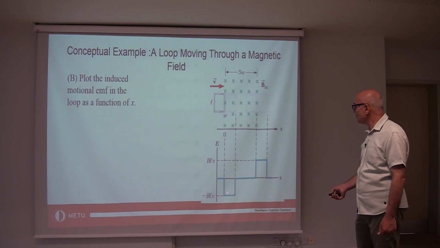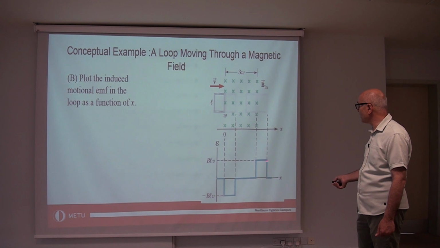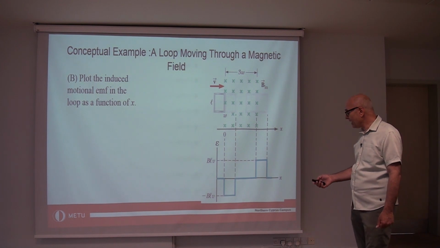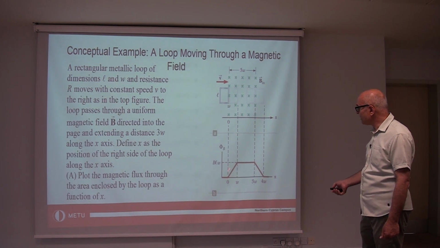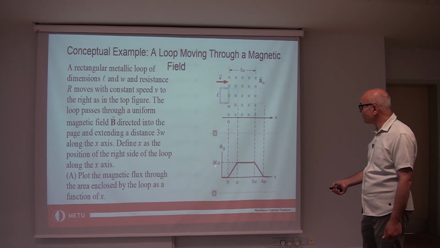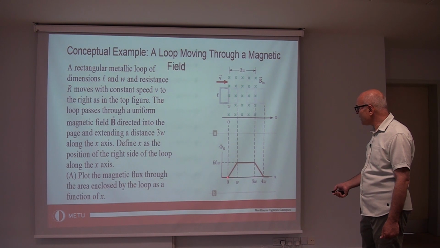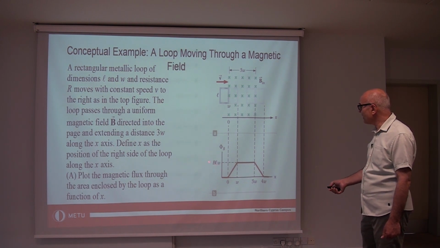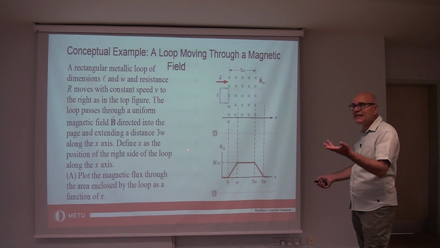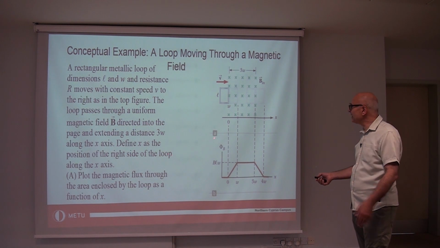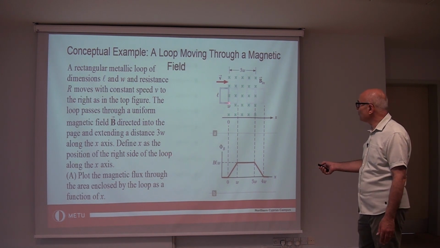So as you can see, we have a negative electromotive force here, and a positive electromotive force here. Why is this? As I mentioned, the flux here is varying. If you want to find what is d phi by dt, what is phi?